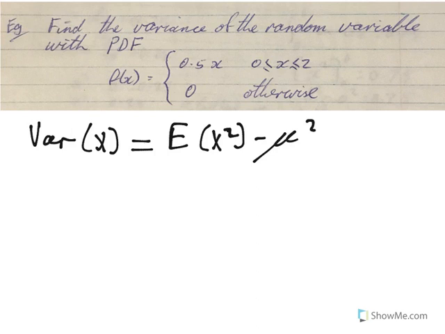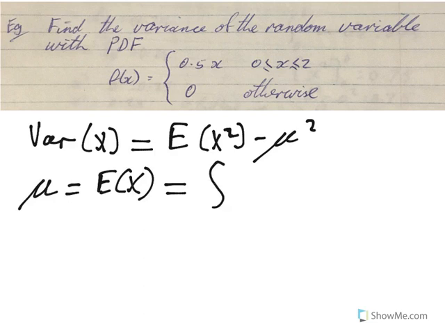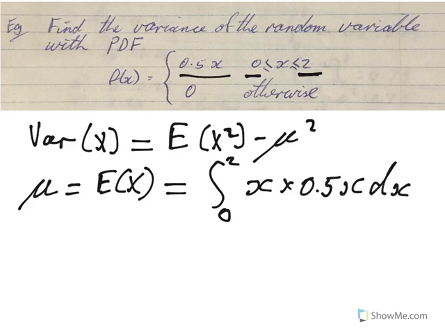Now, the mean is the expectation value of x, and so that's the integral in this case. Because we're between 0 and 2, our limits are 0 and 2 of x times the function, and the function is 0.5x dx.